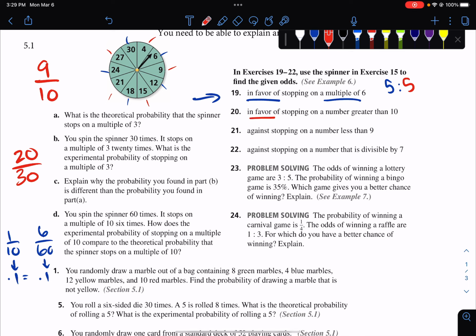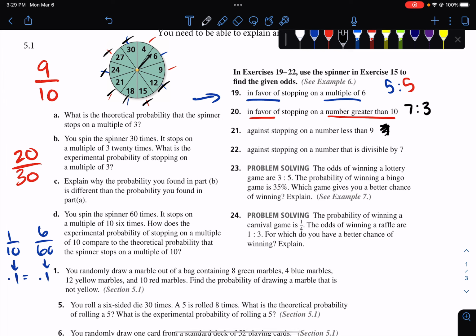The odds in favor of stopping on a number greater than 10. So I'm going to count the numbers that are greater than 10. So 12, 15, 16, 18, 21, 24, 27, and 30. So that's 1, 2, 3, 4, 5, 6. There's 7 numbers greater than, I'm doing the wrong problem, greater than 10.